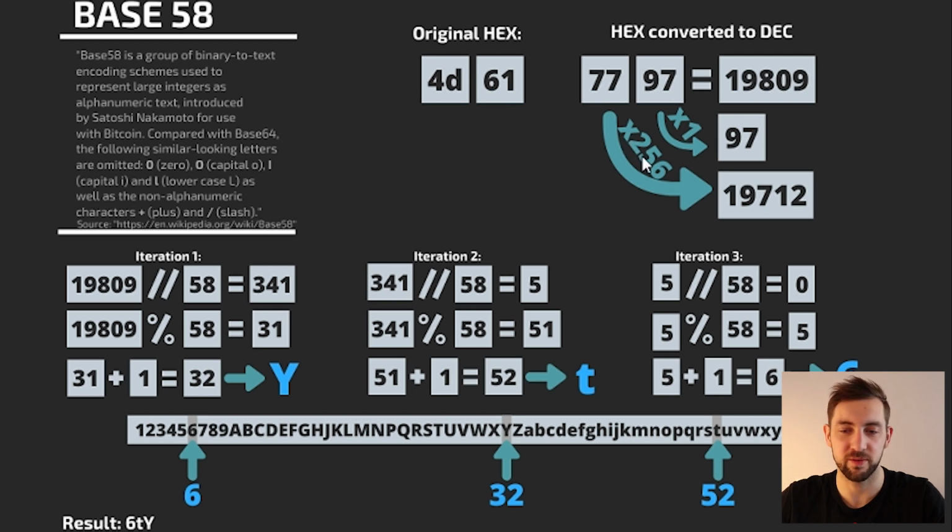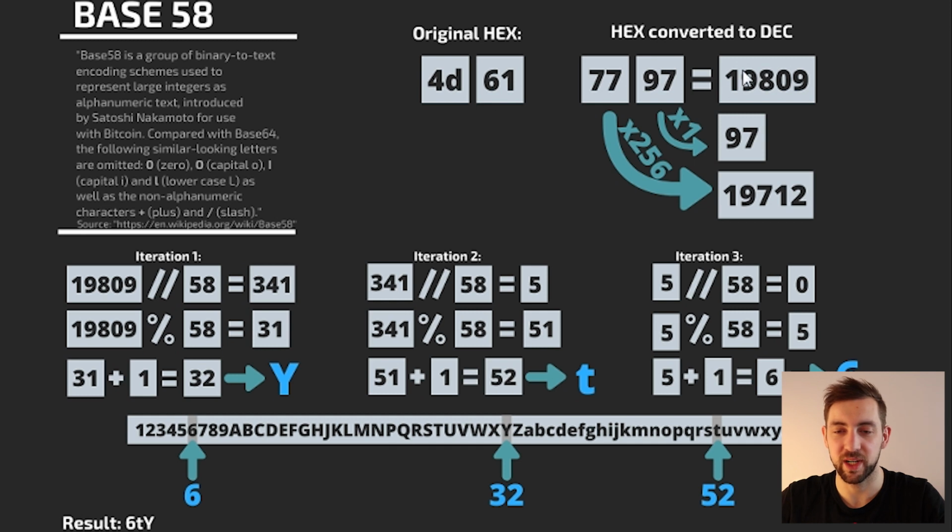So 256 is 16 times 16. So 77 times 256 gives us 19,712. If we add it together, 97 plus 19,712, we've got 19,809, which is our result.